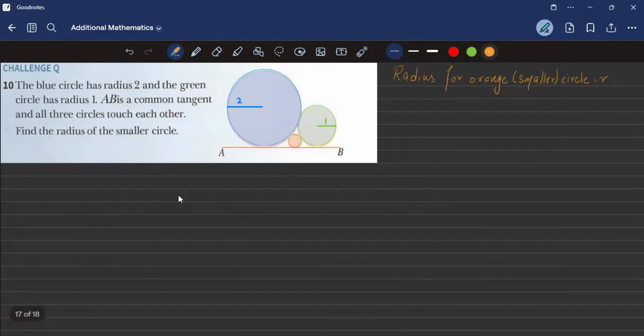Okay, let's assume it as r. So we have the radius of the smaller circle, which is r. And if I were to mark this up here, I don't know if it would look good. This is equal to r. Okay, just a rough representation of what we are going to go through.